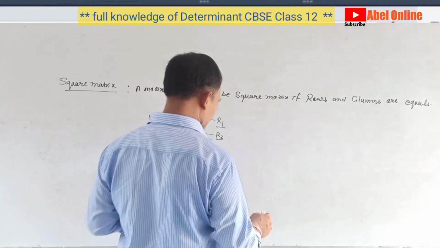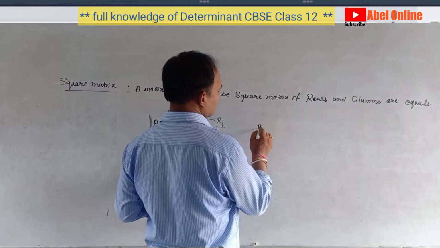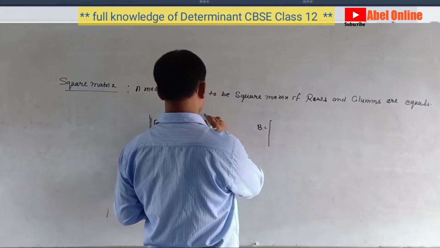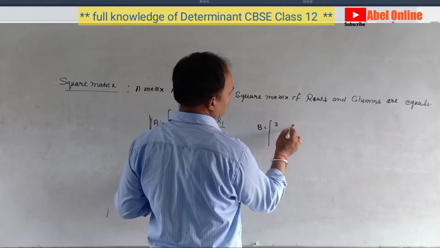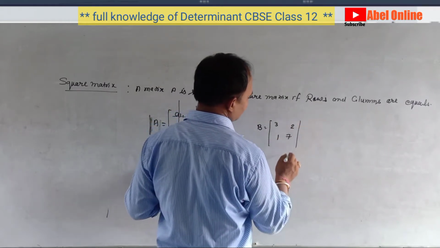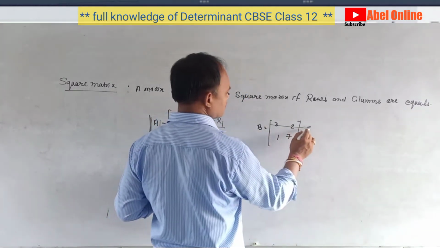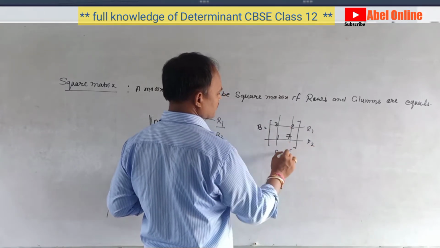Let us take another example. Suppose B equals 3, 2, 1, 7. This is a matrix. The rows are R1 and R2, and the columns are C1 and C2.